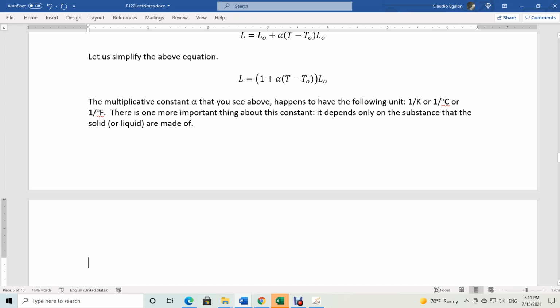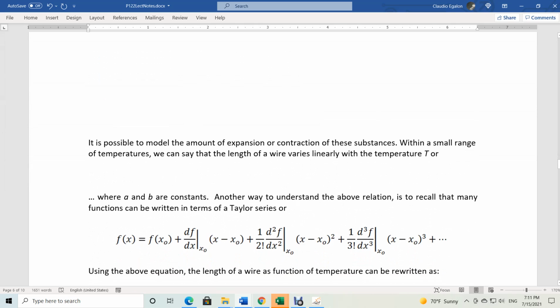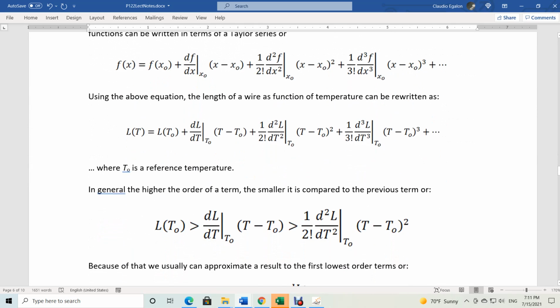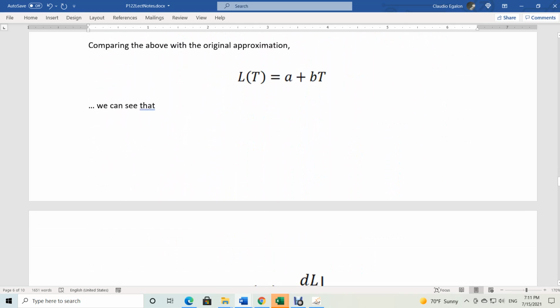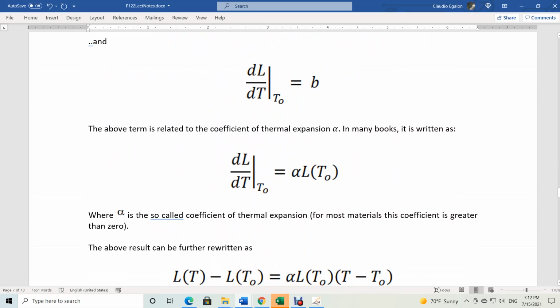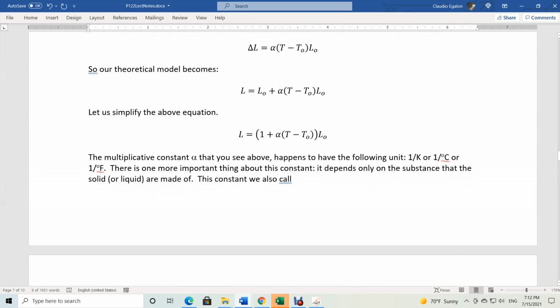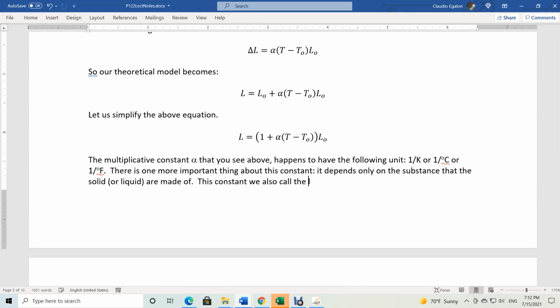We also call this constant the linear coefficient of thermal expansion.